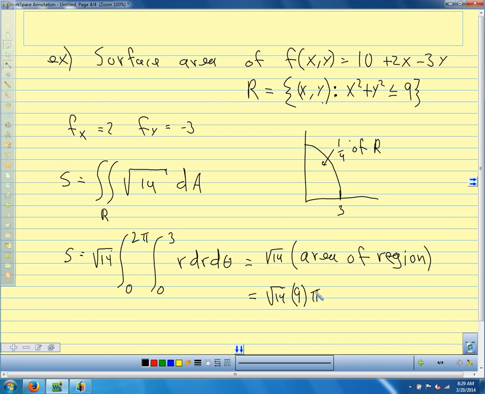We could evaluate the integral and get the same thing, but the double integral over our region of dA is just the area of the region. Our region is a circle. We know how to find the area of the circle without doing the integration. So this surface area would be 9 square root of 14 pi. And we didn't even have to integrate. So this surface area integral turned out to be really easy.